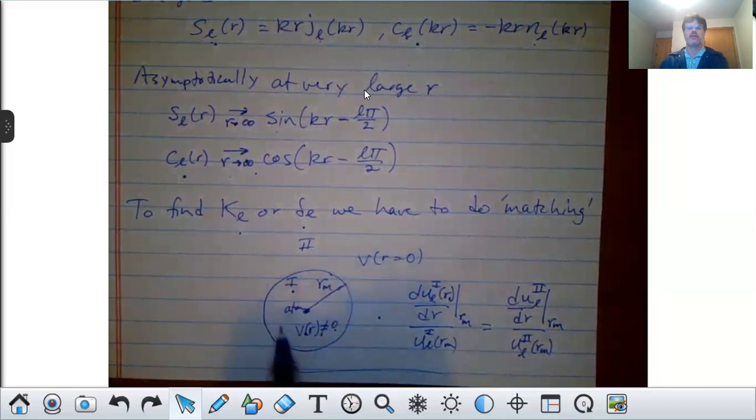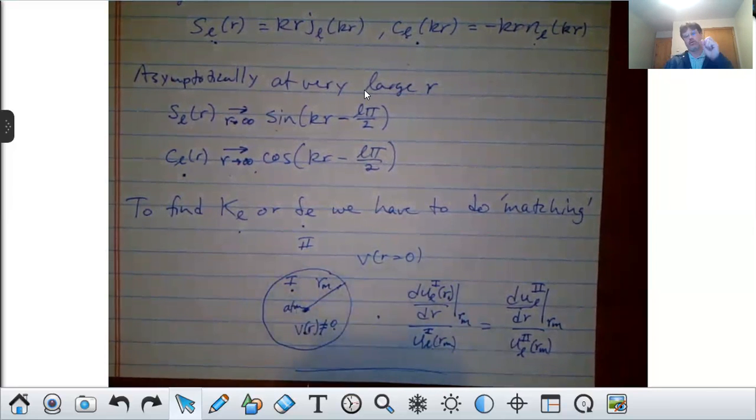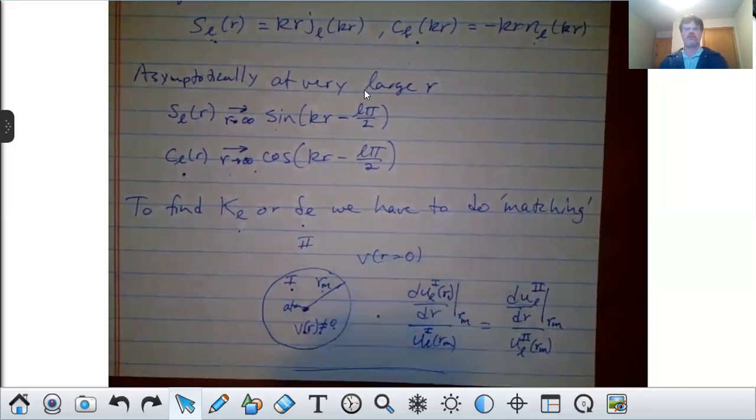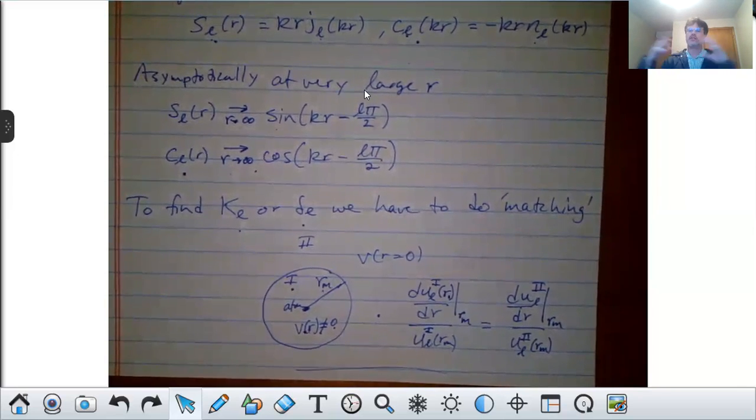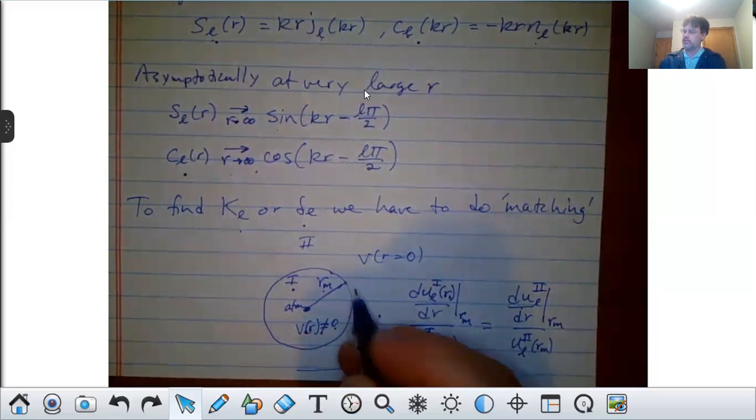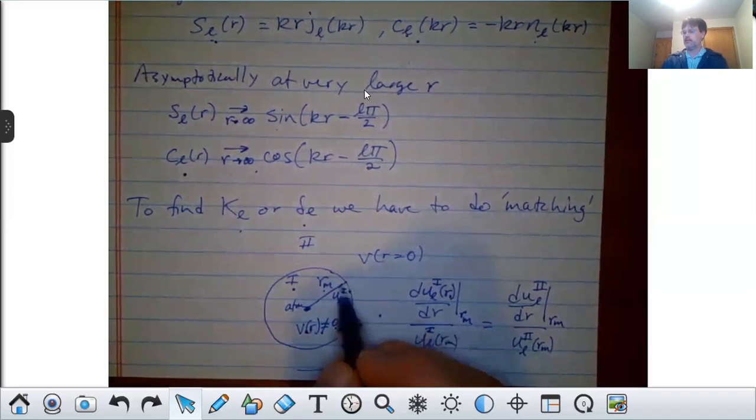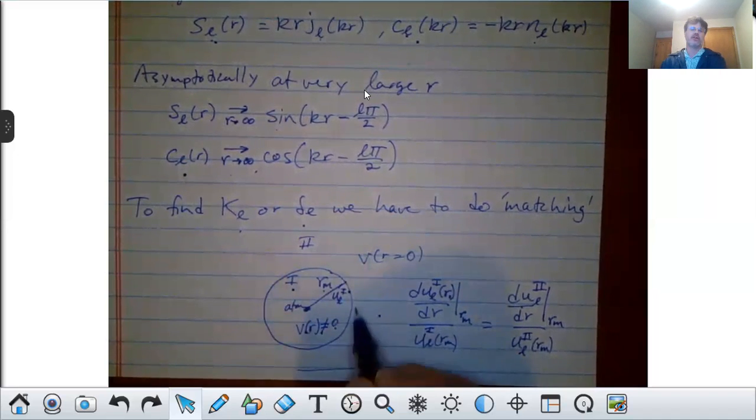This is where the electron is really interacting with the atom. When it's within that radius R_m, you have to solve the whole equation, and often you have to do that numerically. But what you can get is the solution u_L1 at this matching radius R_m.